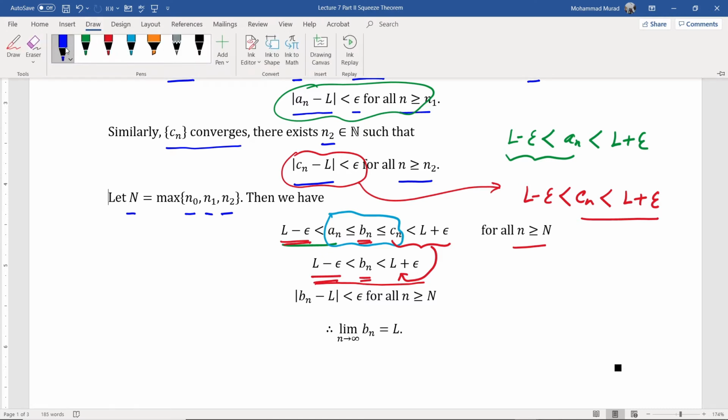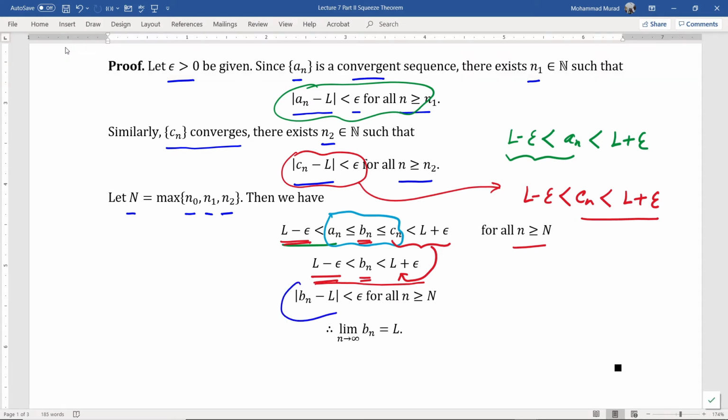And this can be put into this form. The absolute value of b sub n minus L is smaller than epsilon. And this is true for all indices n greater than or equal to N.